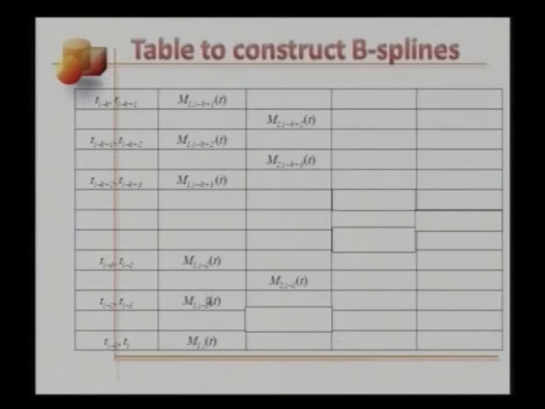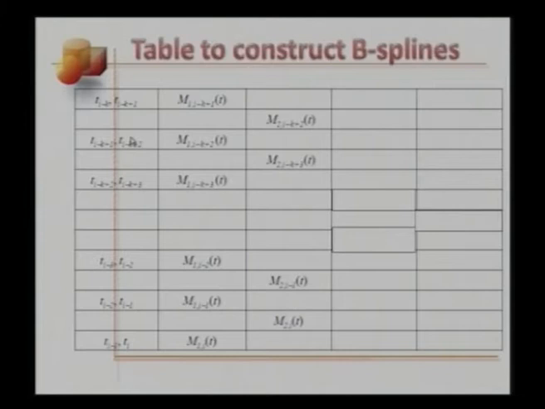We combine these two together to get M2 I minus 1, which is this knot here, and M2 I is obtained when we combine M1 I minus 1 and M1 I. There is another way to figure this last knot here. If we go back to the first column, we'll have to merge these two knot spans, and the last knot would correspond to the knot on the right of this merged knot span.